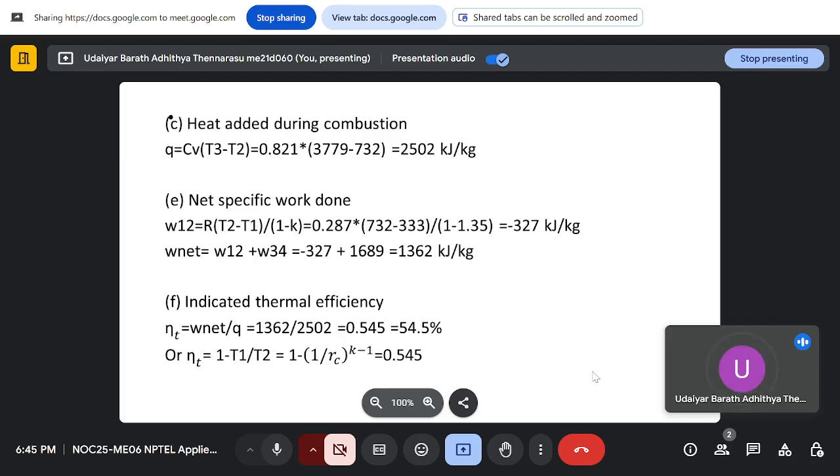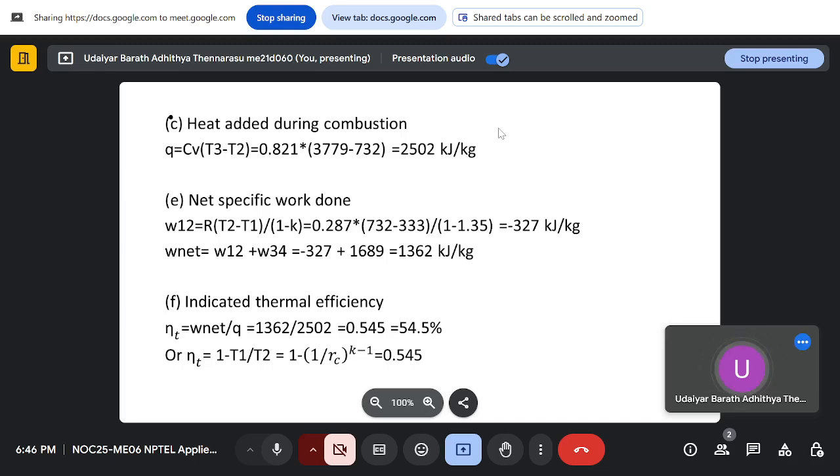Next is heat added during combustion. Heat added is CV delta T, so CV into T3 minus T2, or the other way is mass of fuel into Q into your combustion efficiency, but we don't know the mass of fuel, and we need it in terms of air. So CV T3 minus T2 will give me 2502 kilojoule per kg.